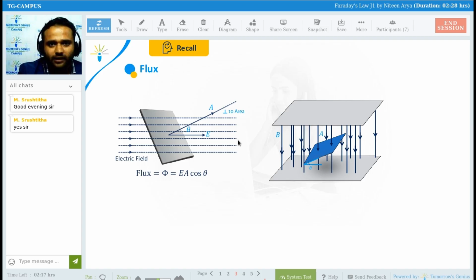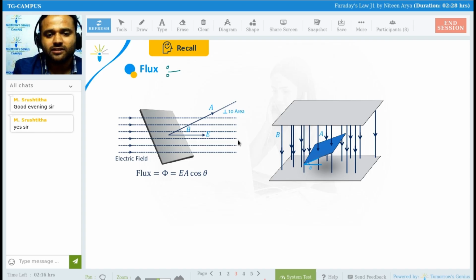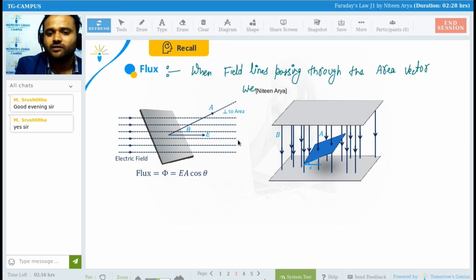Basically, for any particular area or area vector, when field lines pass through the area, we get flux. Those field lines can be magnetic field lines, electric field lines, or any other, for example light rays or intensity.